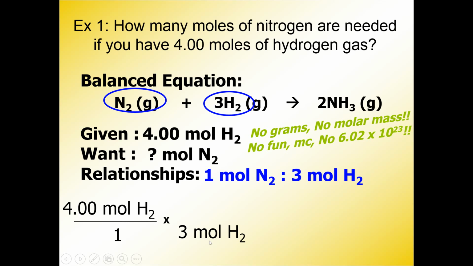So moles of H2 cancel out with moles of H2, and I got this information right here from the relationship. So I'm taking that piece, putting it in the denominator, and I'm going to take the other side of the ratio and put it in the numerator. So right here, I crossed out these 2 units because they match up diagonally, and so they're going to cancel each other out just the same way that numbers cancel each other out.